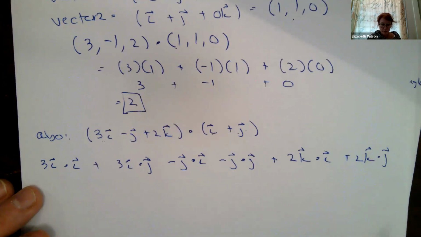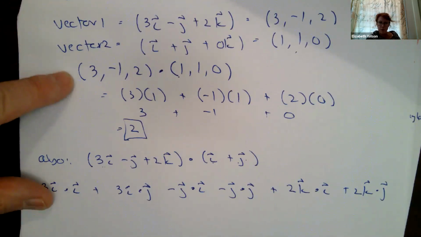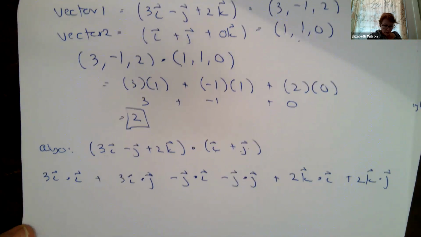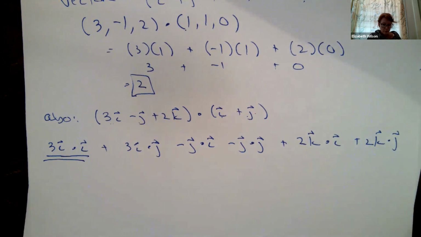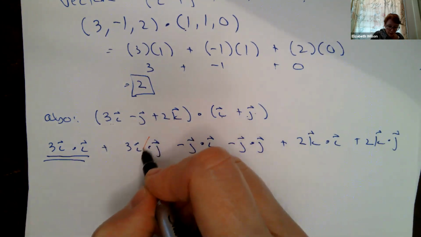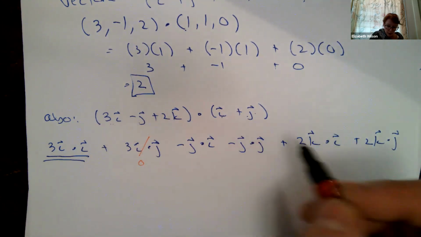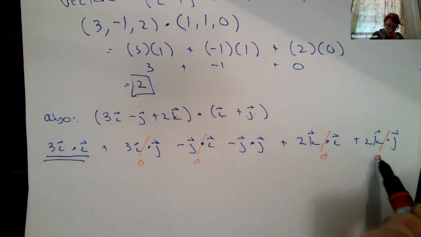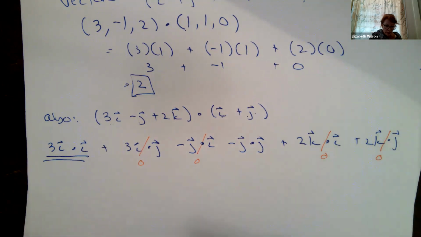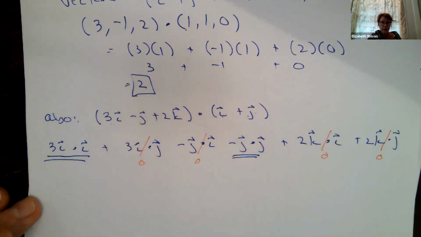It's much more cumbersome. I really prefer using just the coefficients because it's just numbers that way. So the only ones I need to worry about are the ones that have the same piece, because remember, like we said before, i dot j goes to 0, j dot i goes to 0, k dot i goes to 0, and k dot j goes to 0. So the only ones I have to worry about are these two right here.